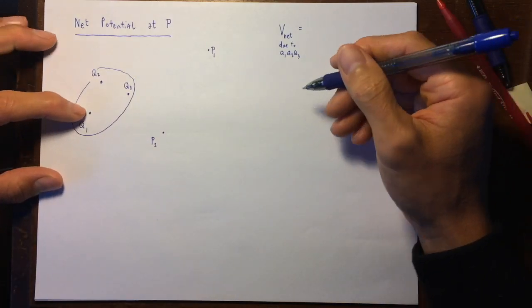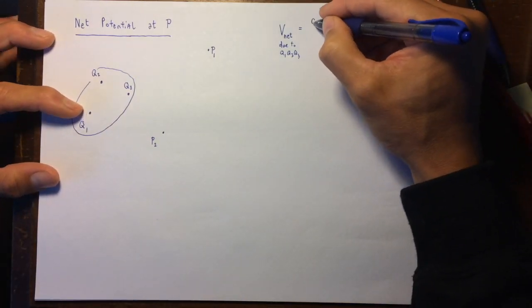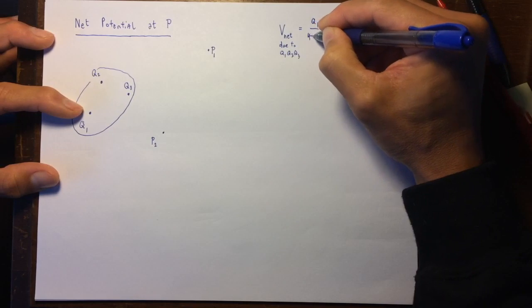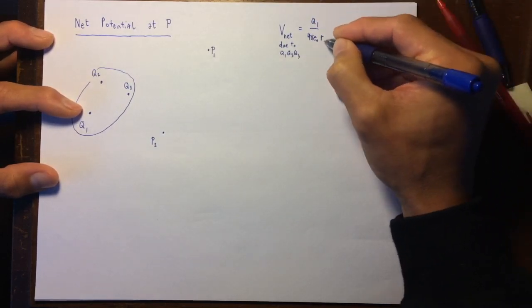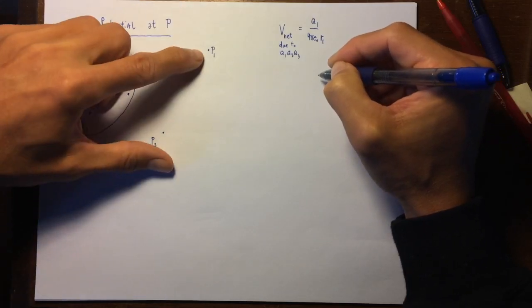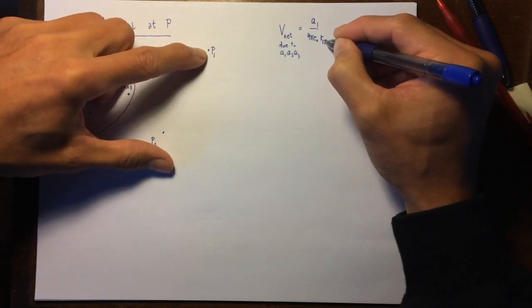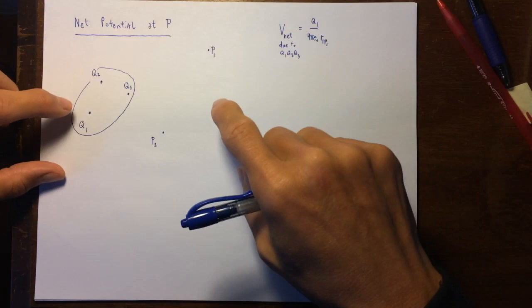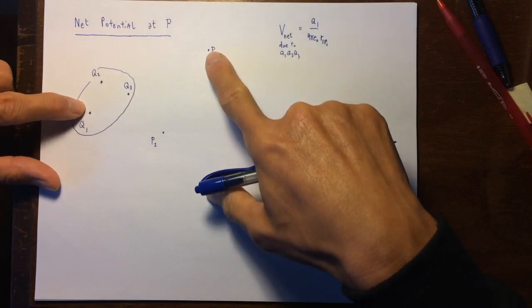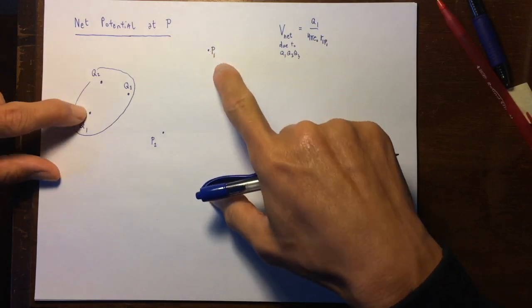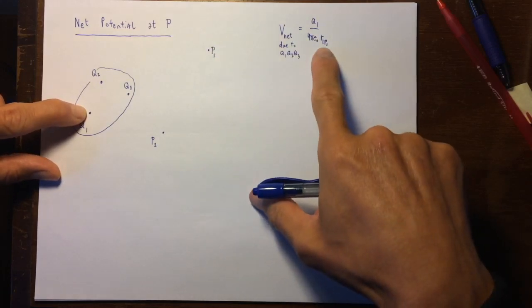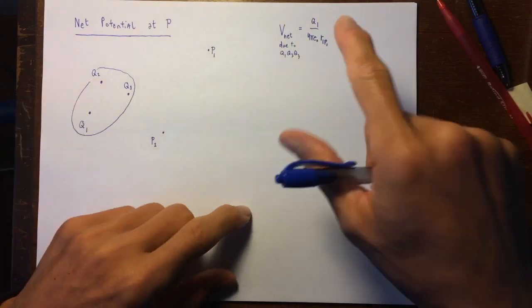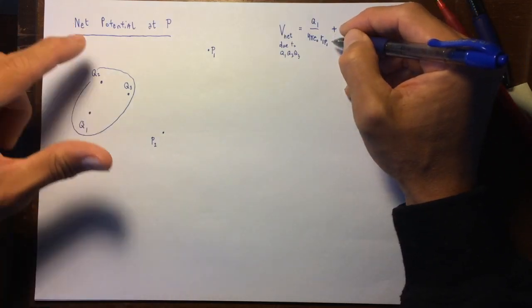It's the potential due to Q1, so it's Q1 over 4 pi epsilon naught times the distance between Q1 and, for example, P1. It's the location of Q1 and the location of this place, so R1P1, plus, it is a superposition principle.